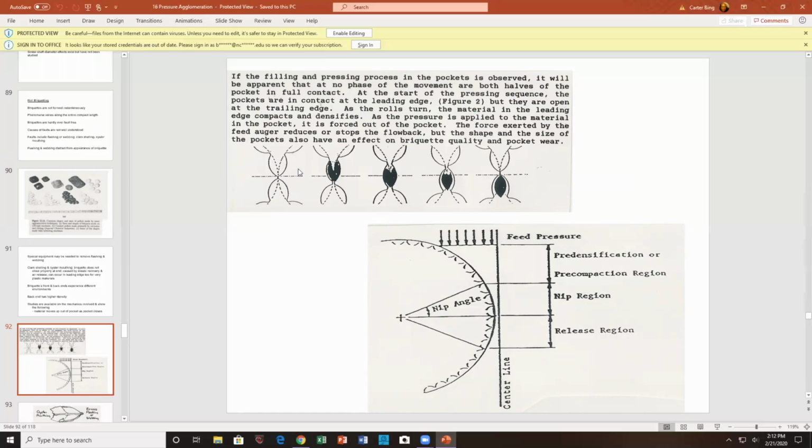So you fill this up, and then you have the approach of the closing around the compact, which compacts and densifies. As the pressure is applied, the material in the pocket is forced out of the pocket. The force exerted by the feed auger reduces or stops the backflow, but the shape and size of the pockets also have an effect on the briquette quality, as does pocket wear.